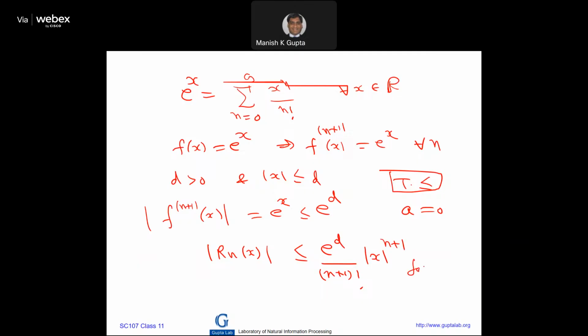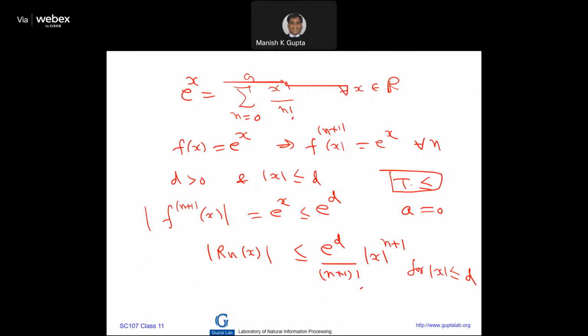This is true for mod of x less than or equal to d. Note that this bound M here, which is e raised to d, works for every n, right? So there is no issue. Its value is the same. Differentiation will give you the same thing. So here, using Taylor's inequality, we arrived at this.